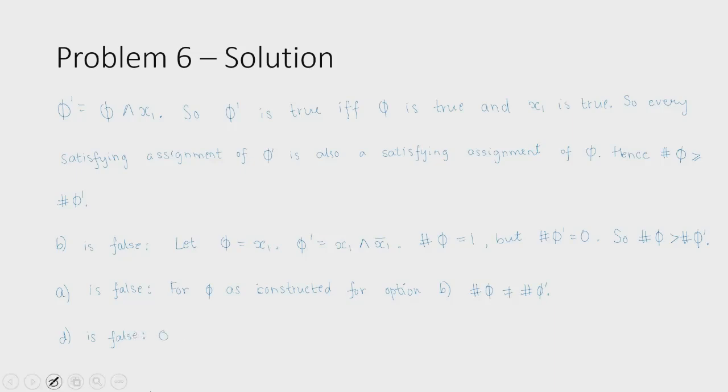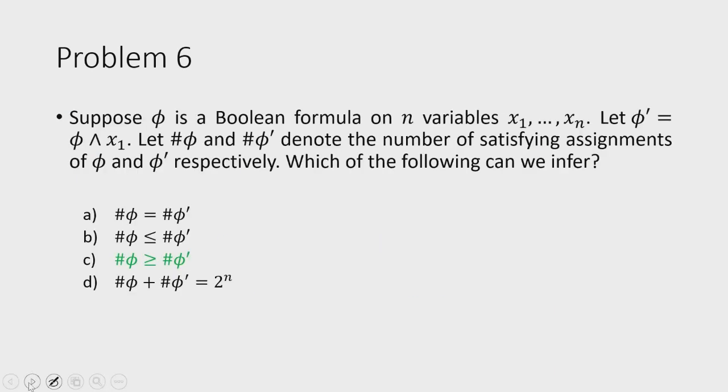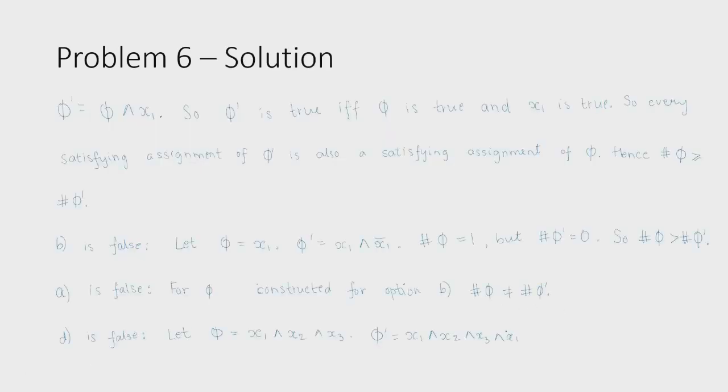So let phi equal x1 and x2 and x3. Then phi prime is x1 and x2 and x3 and x1 complement.